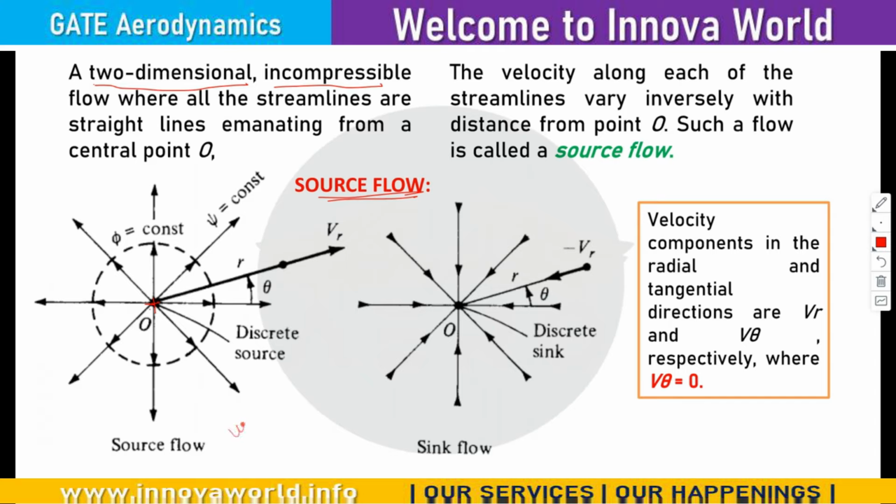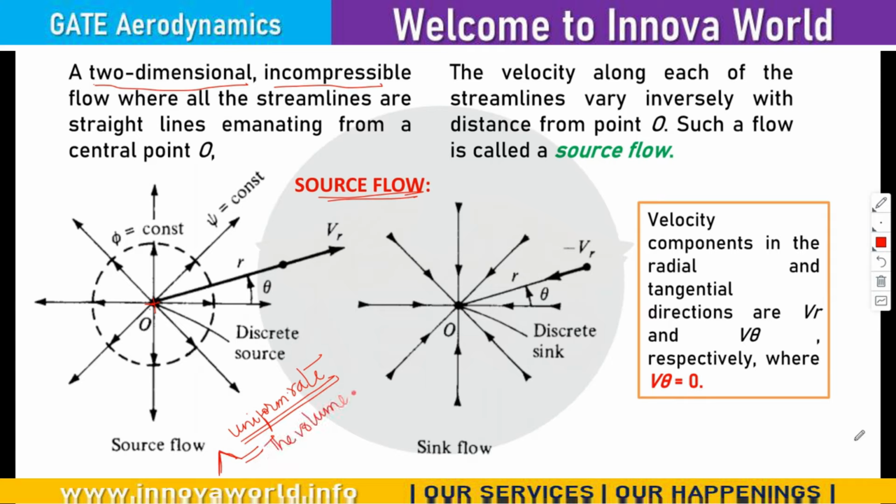Now, for the source, we consider a very important quantity, the strength of the source, which is the uniform rate at which the flow is coming out. It is denoted by capital lambda.